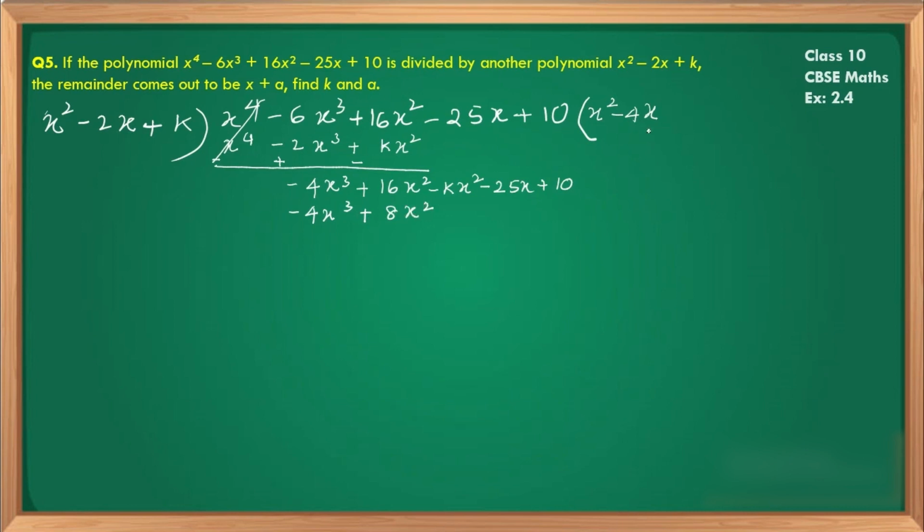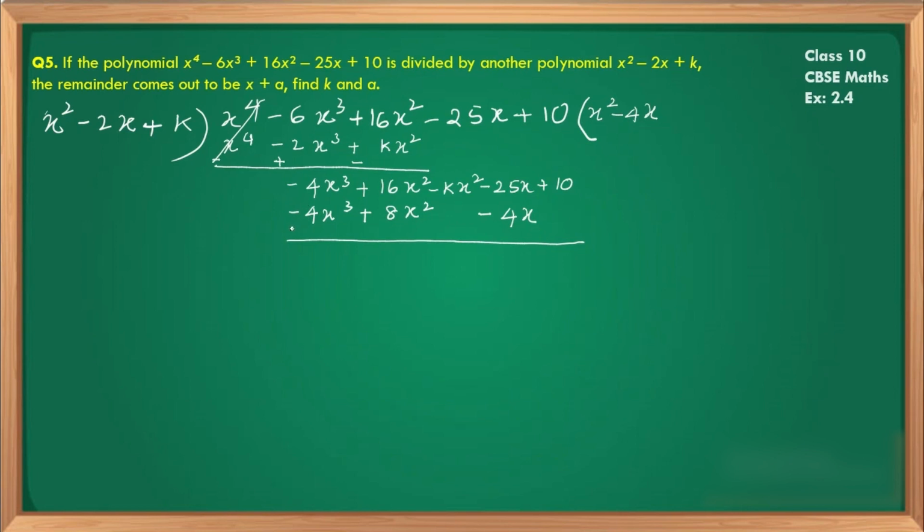What else? Minus 4x into k will give you minus 4kx. Where we don't have that, we write down below this minus 4kx. What we do, we start subtracting. As we know, we are going to subtract the whole polynomial.